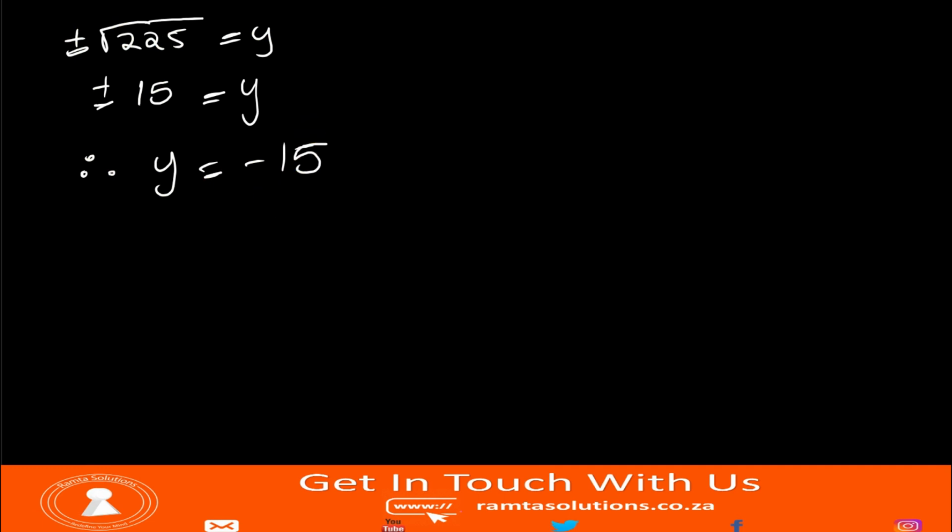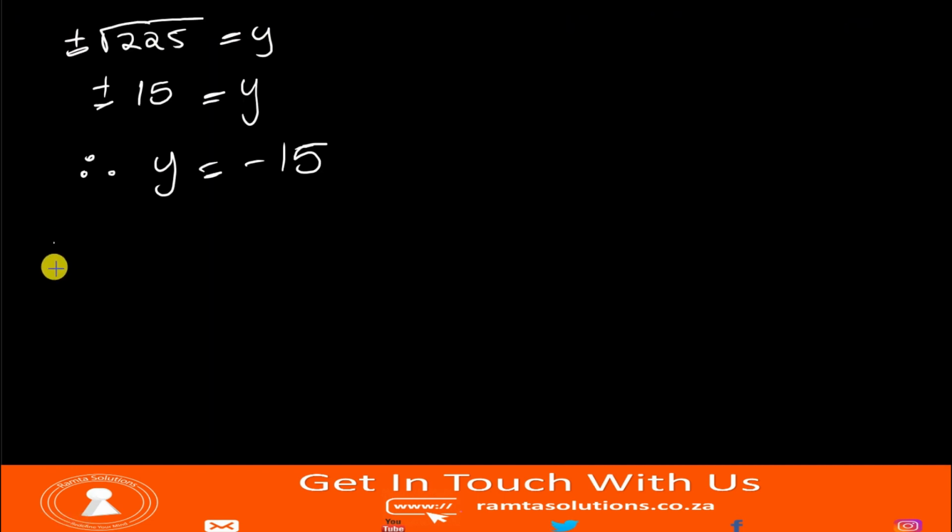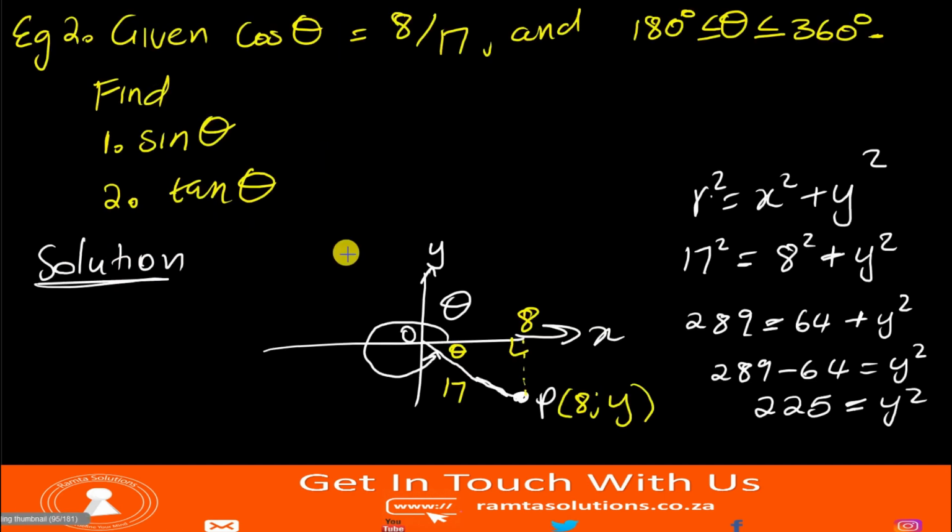Okay? It's negative 15. Now, answering the question, number 1, we're looking for sine theta. By the way, we expect sine theta to be negative because the point is in the 4th quadrant. So let's see. Sine is opposite over hypotenuse. What is the value of the opposite?